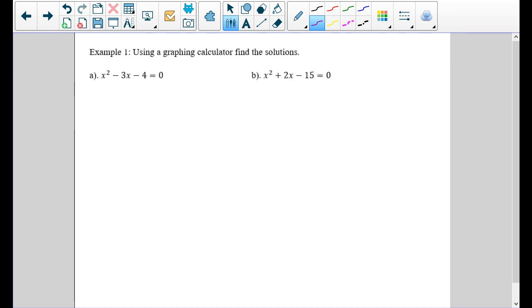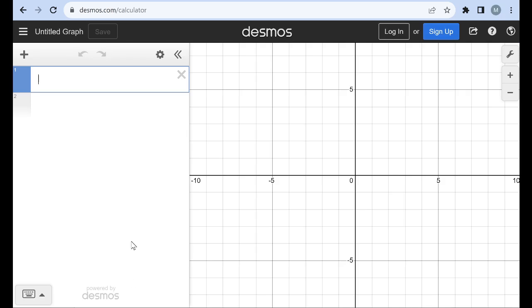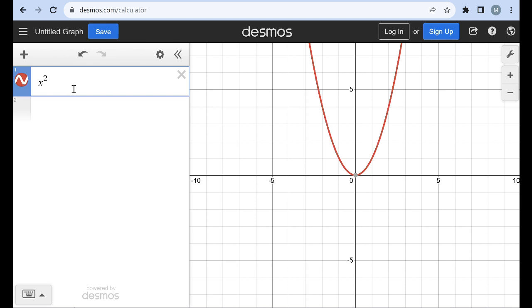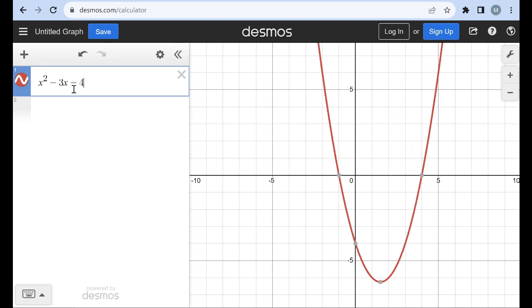So let's take a look here. We have x squared minus 3x minus 4 equals 0. So let's plug that into our graphing calculator. All right, so let's pull up our graphing calculator here. And we're going to type in x squared minus 3x minus 4. So there's our graph. Now, we talked about roots, zeros, and intercepts.